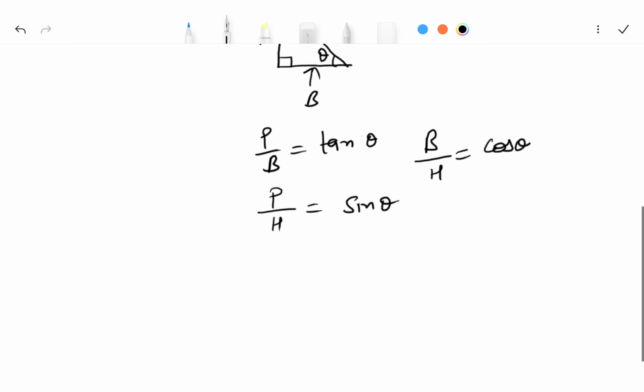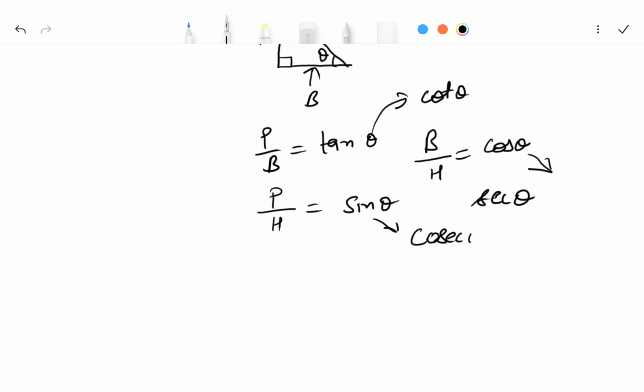The reciprocal of the tan theta is the cot theta, the reciprocal of the cos theta is known as the secant theta, and the reciprocal of the sin theta is known as the cosecant theta. And these are the basics.